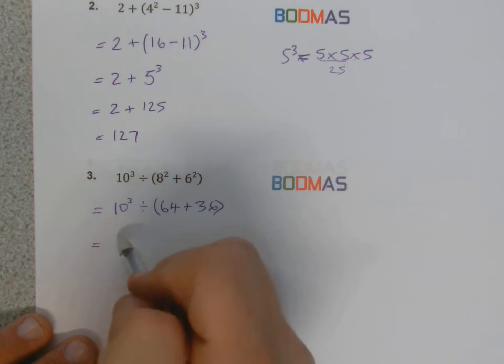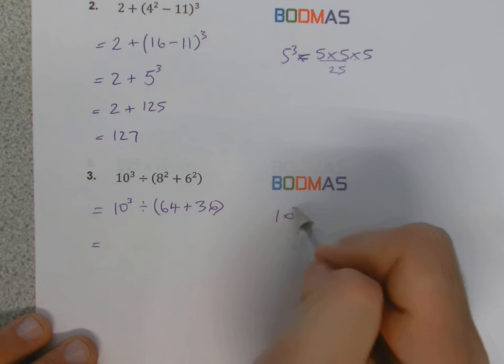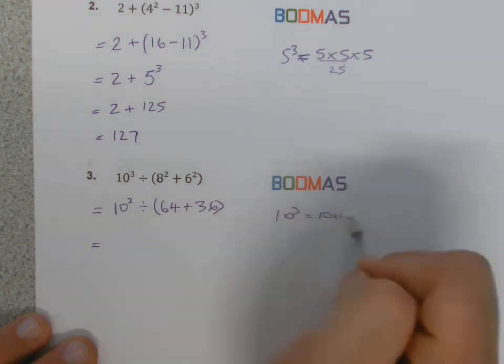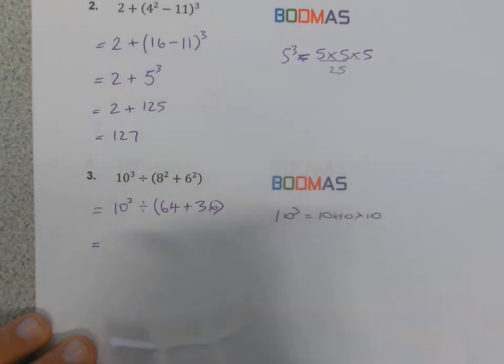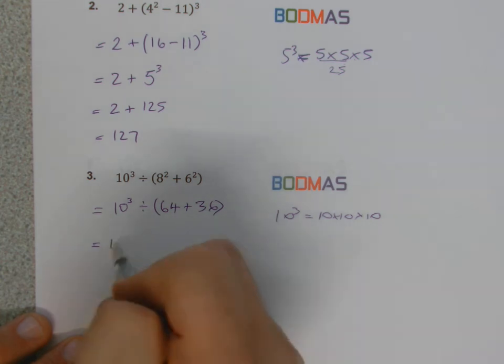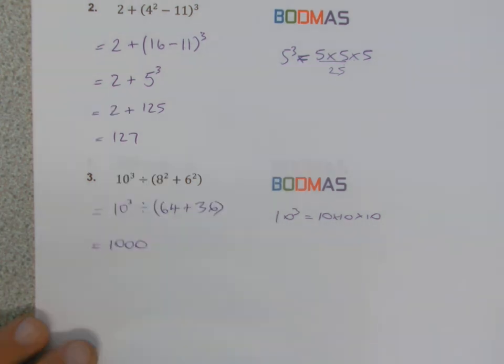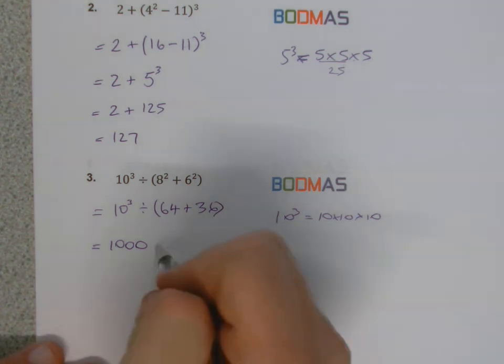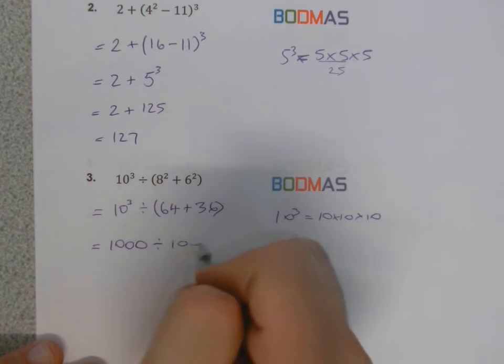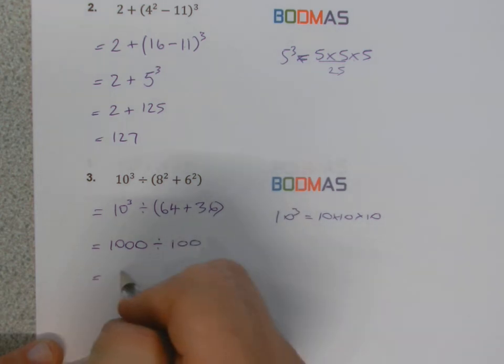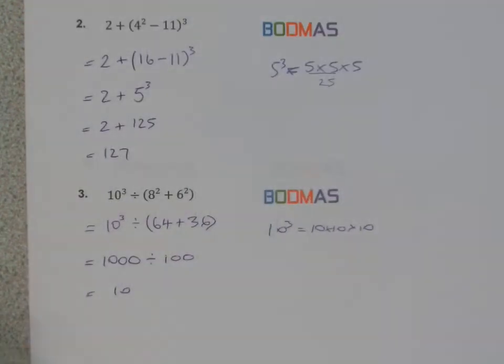There's no harm in me working that out. 10 cubed, of course, is 10 times 10 times 10. Okay, which is 1,000. Okay, 10 times 10 is 100. Times 10 is 1,000. Divide then, now that bracket, 64 plus 36 is 100, and 1,000 divided by 100 is 10. Okay, because 100 goes into 1,000 10 times.